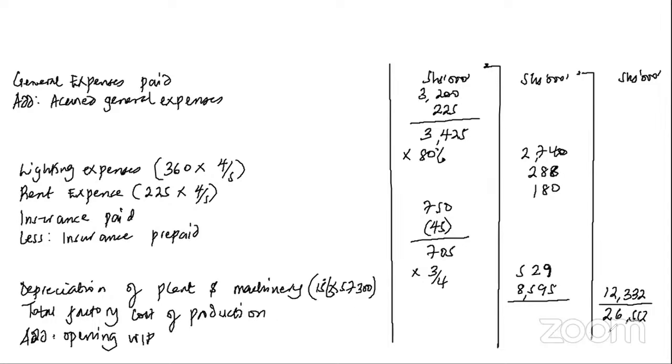Add the opening work in progress. This is given as 900, so I will have to add 900 to the factory cost of production. Then you have to less the closing work in progress. But according to the information given, there was no closing work in progress.